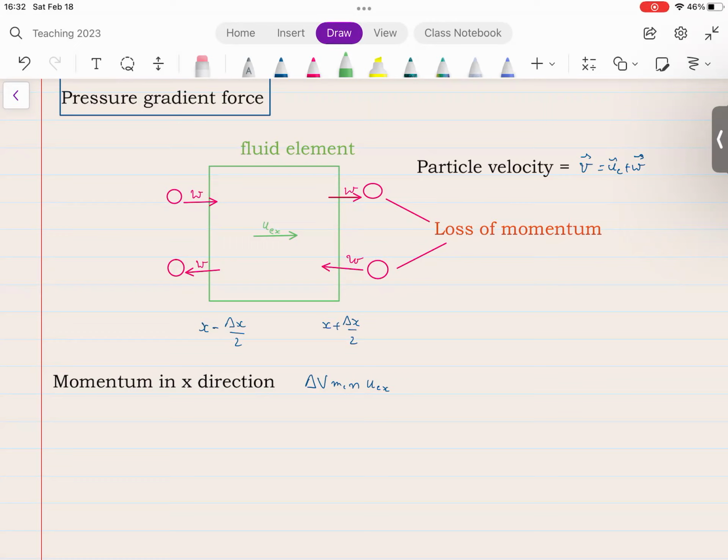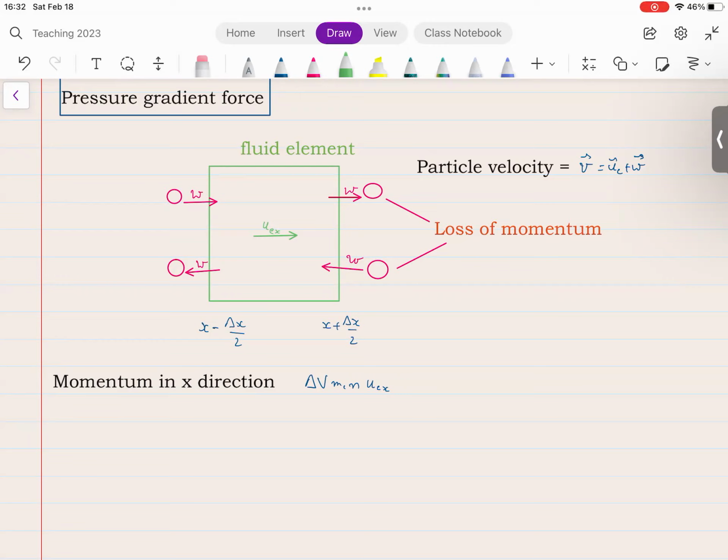Notice that the velocity v, I'm sorry, v may still actually be on the right. It's just that w is negative, pointing to the left. That is because the particle I'm looking at now is moving less quickly, more slowly than the average of the particles in the fluid element. Okay, then what happens for the other particles, the ones on the left?